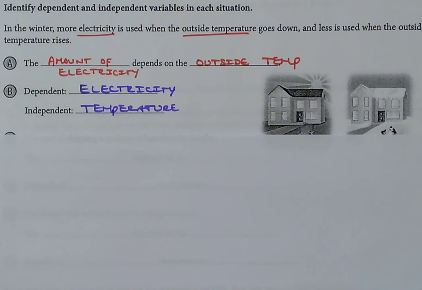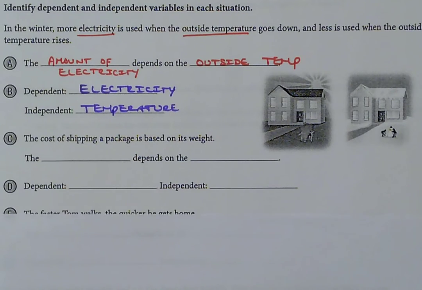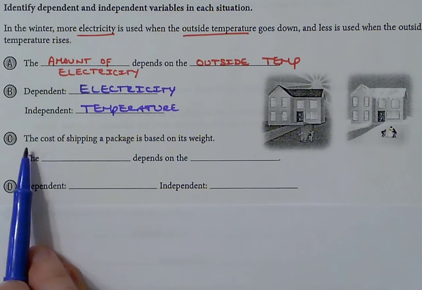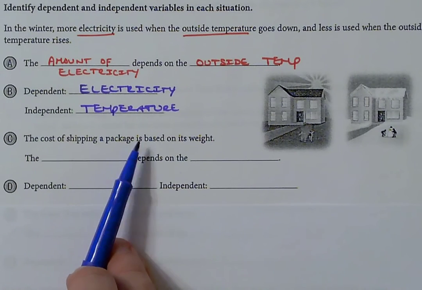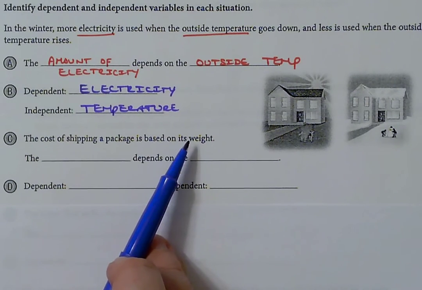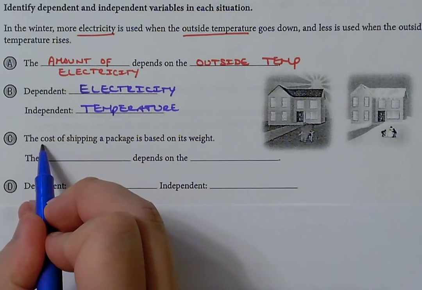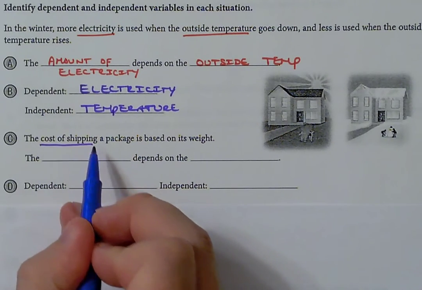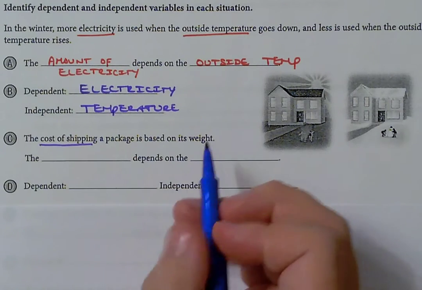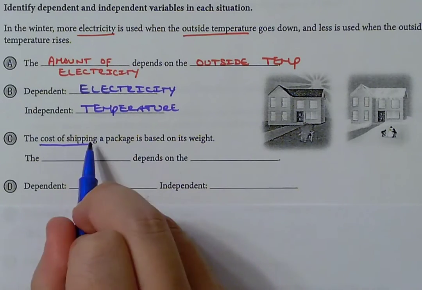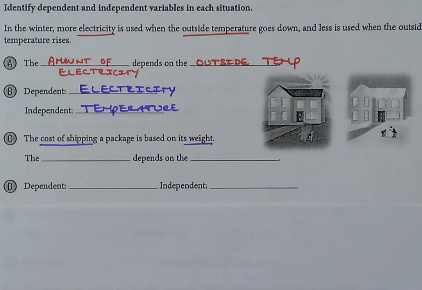So let's go through and practice a few more. The more you hear and the more you see it, hopefully the more it should click for you. Our next situation states the cost of shipping a package is based on its weight. So cost of shipping and weight are my two variables.